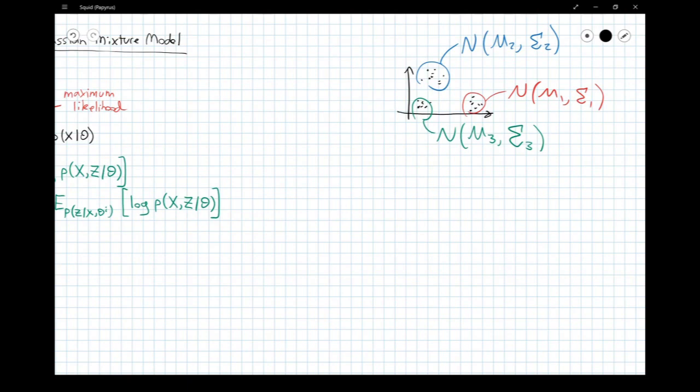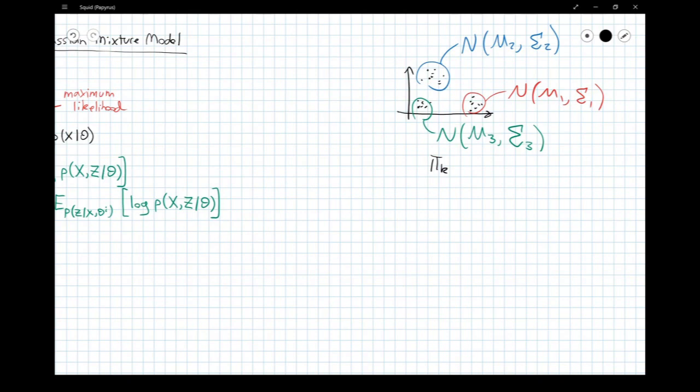In step 1, when we pick a Gaussian, the probability that we pick the kth Gaussian is given by pi k. Okay. So in this particular example with 3 Gaussians, the parameters that we had to find were mu 1, mu 2, mu 3, sigma 1, sigma 2, and sigma 3. And we also needed to find pi 1, pi 2, and pi 3. So they made up our theta.